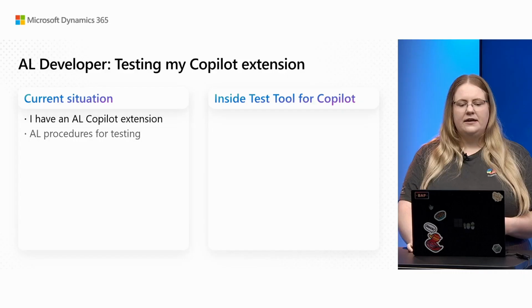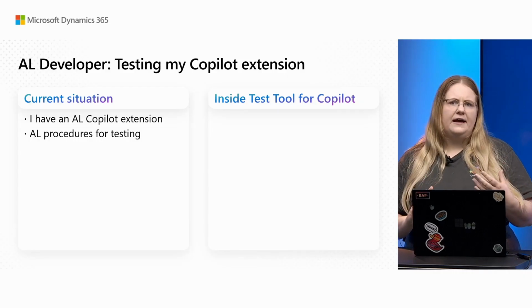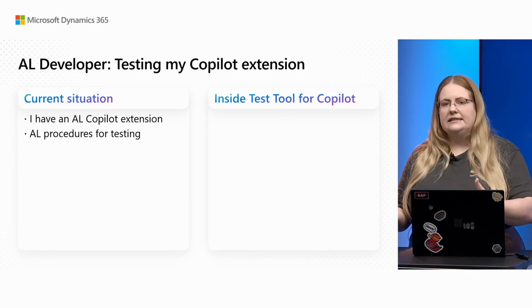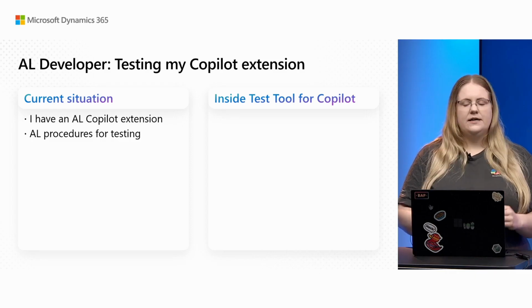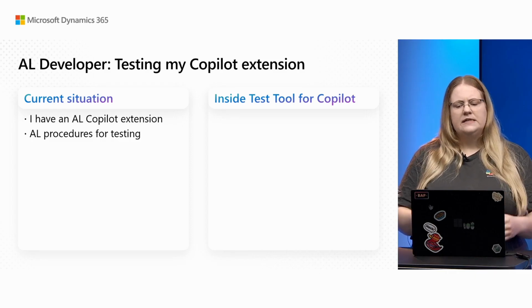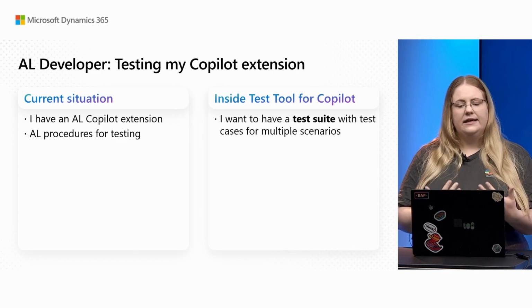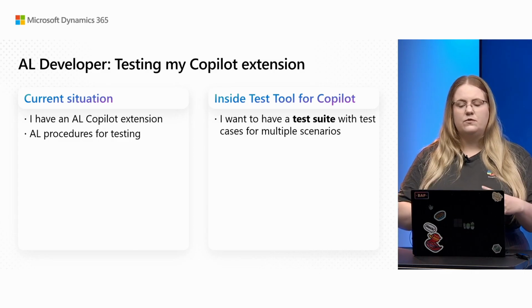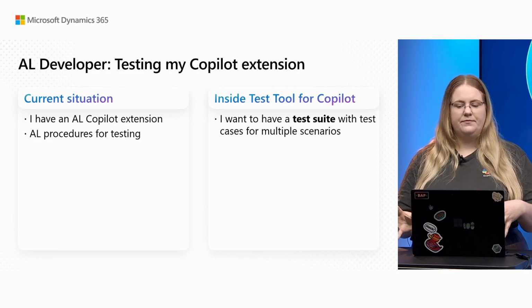Absolutely. So let's look at the Copilot Test Toolkit from an AL developer perspective. Let's say I'm an AL developer and I have an AL Copilot extension. I have also coded it in a way that I have AL procedures available for testing, for example, to access the generative function so I can test what Copilot produces. Then inside the Copilot Test Toolkit, I want to have a test suite where I can gather the test cases for multiple scenarios for the feature.